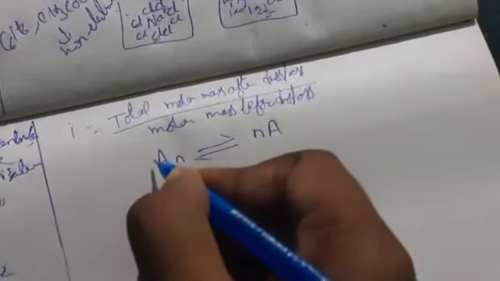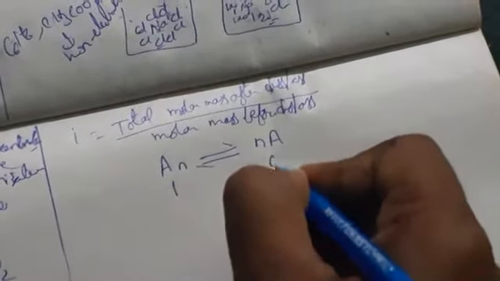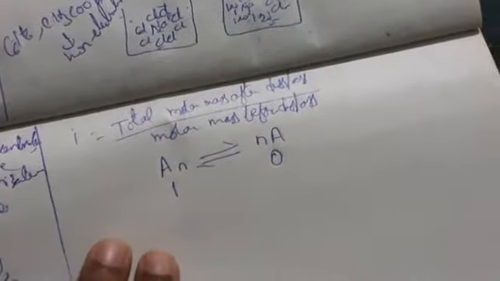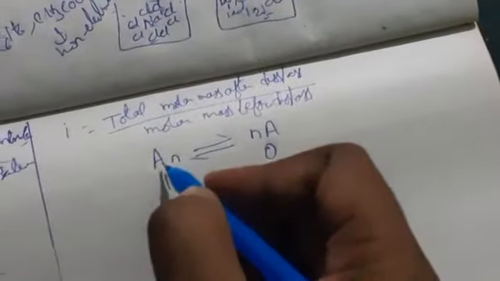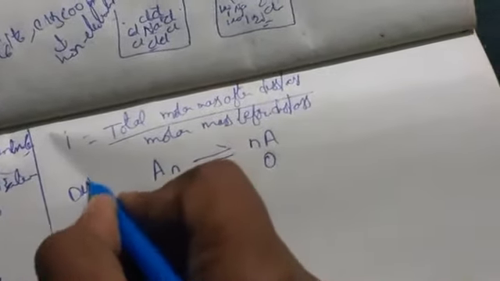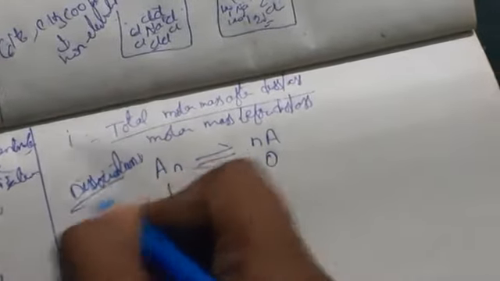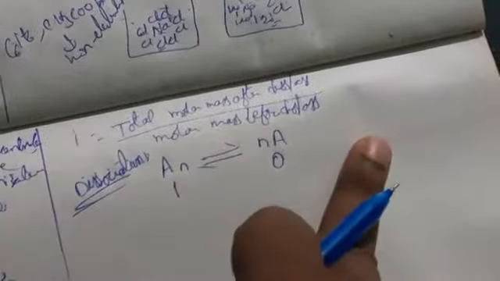How many moles are there here? Only 1 mole. But coming to here, no moles, so it is 0. So after dissociation means here we are taking the condition of dissociation. Okay, so this is the dissociation.